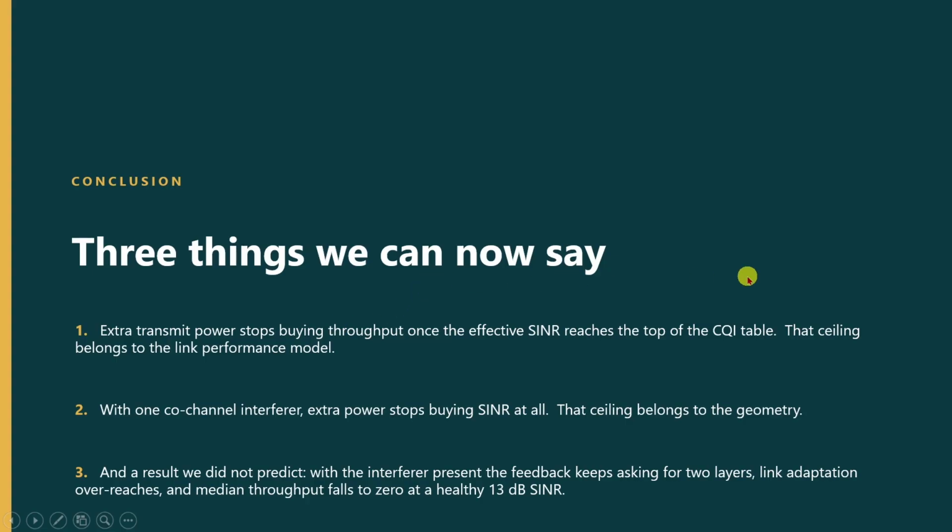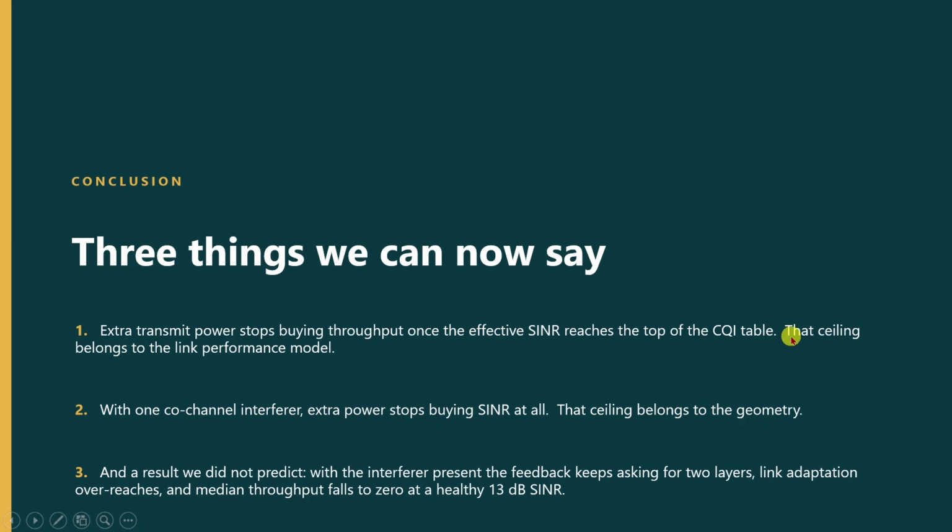Three things we can say now. First, extra transmit power stops buying throughput once the effective SNR reaches the top of the CQI table. The ceiling belongs to the link performance model. Second, with one co-channel interferer, extra power stops buying SNR at all.